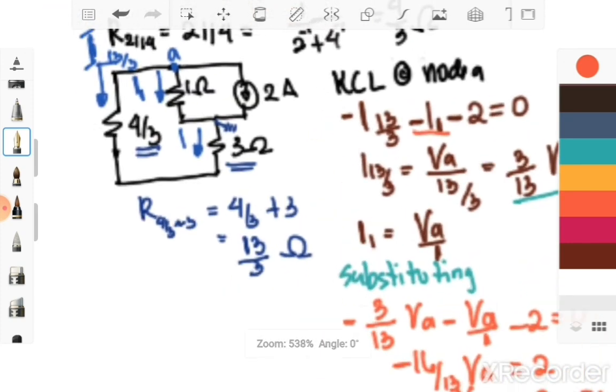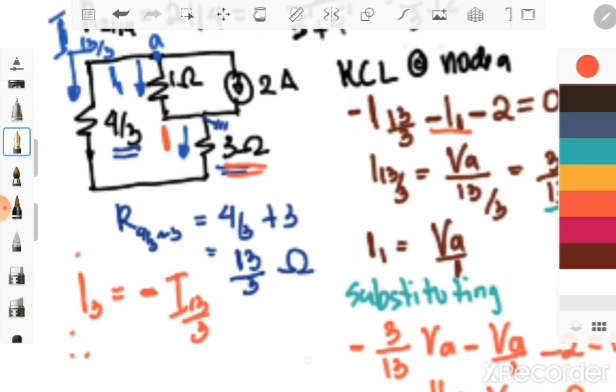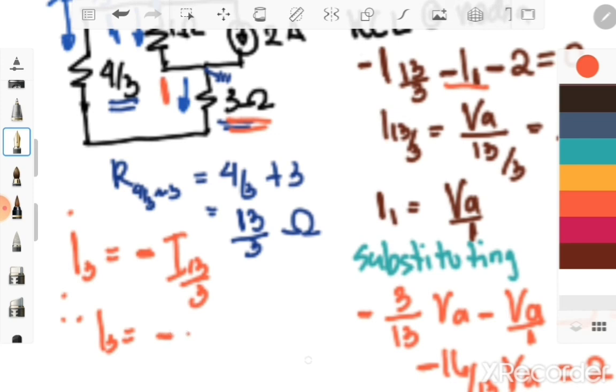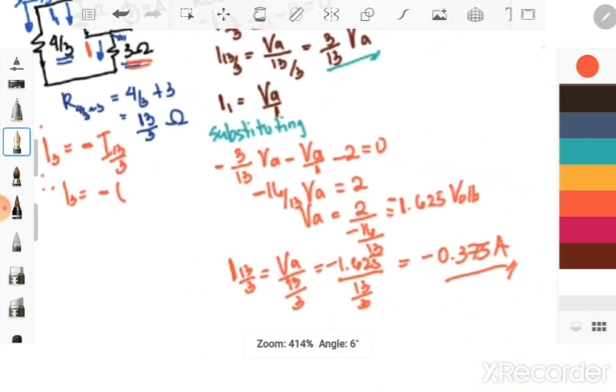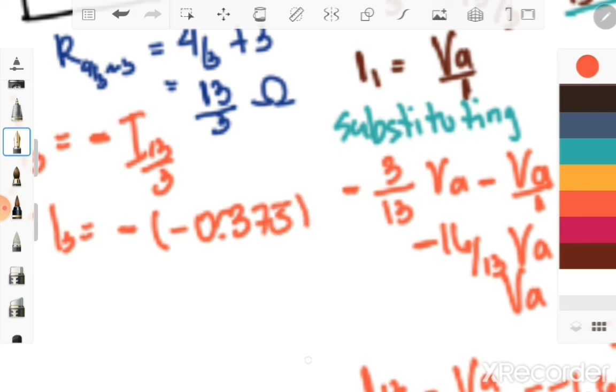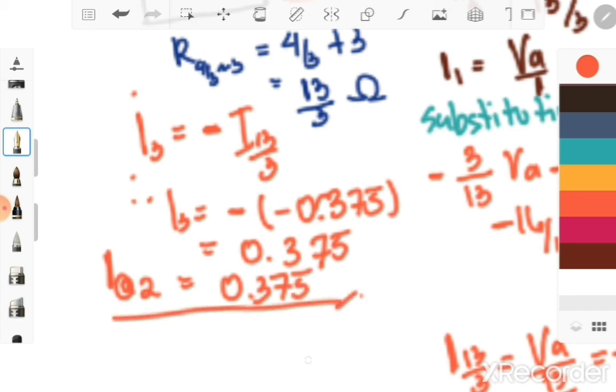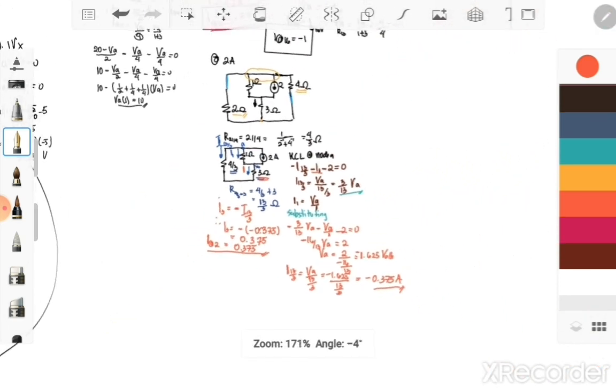But take note that our I3 at 3 ohms is equal to the negative of I 13/3, right? So therefore my I3 is equal to negative multiplied by the value of my I 13/3, which is equal to negative 0.375. So therefore we will have our I3 equal to positive 0.375. Okay, I will name this I3 as I at 2 ampere, which is equal to 0.375. So how will we solve for the total current I?